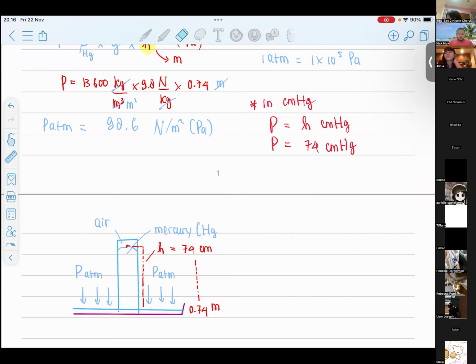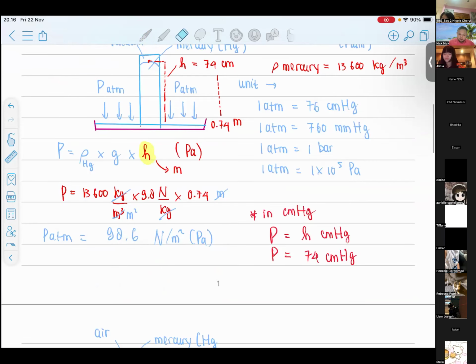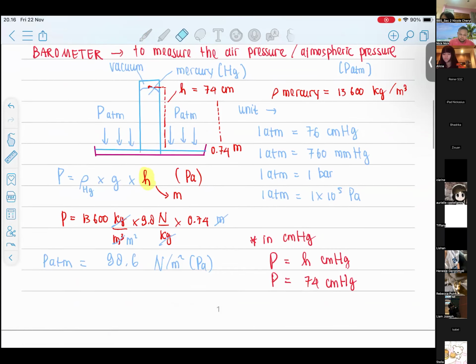So the formula will slightly change a little bit. Let me copy first, so I don't have to write a lot.